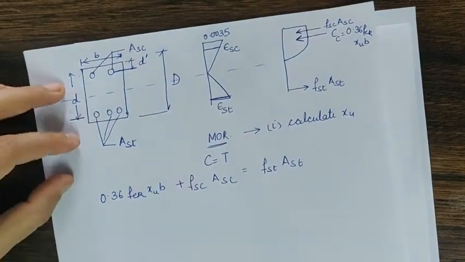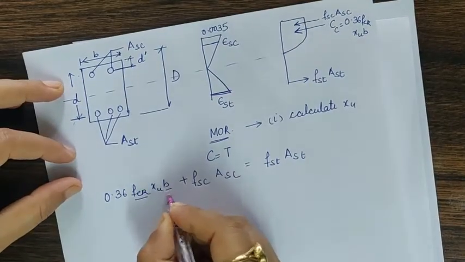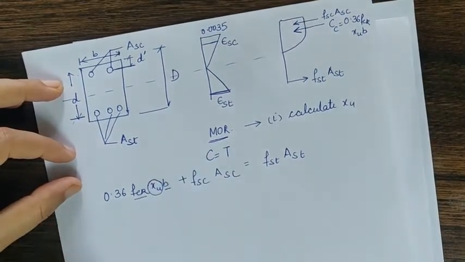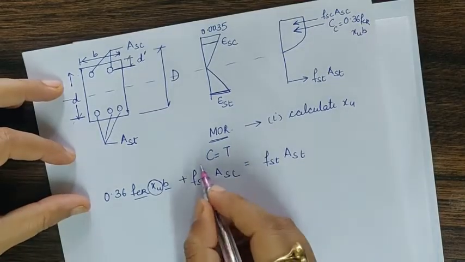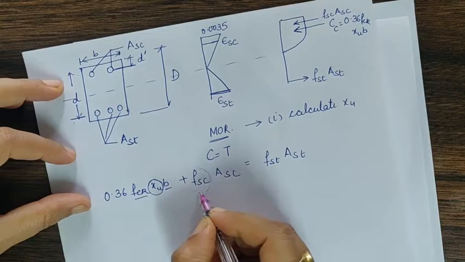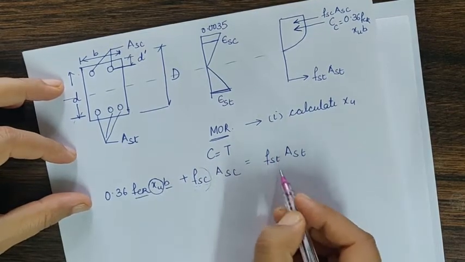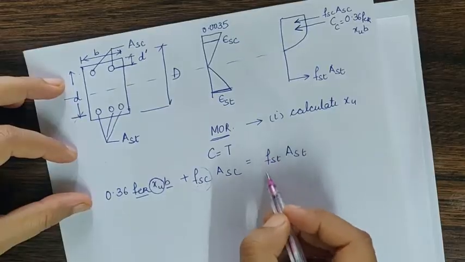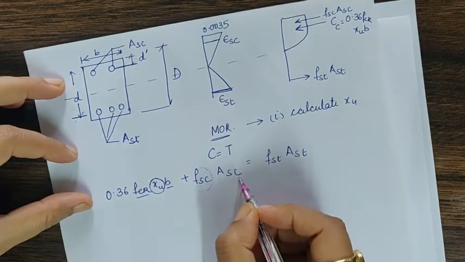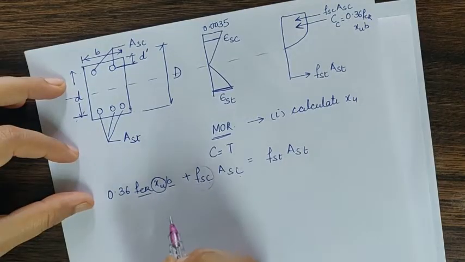Now in this equation, I know FCK, I know B, I do not know the value of XU. I even do not know how much is stress in steel at the compression zone. I do not even know what is the stress in steel at the tension zone. I know how much is ASC, I know how much is AST. So what is my first assumption?